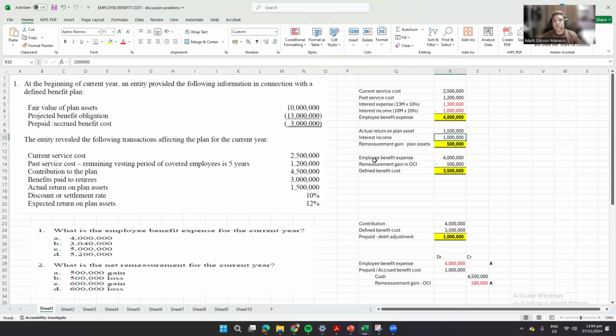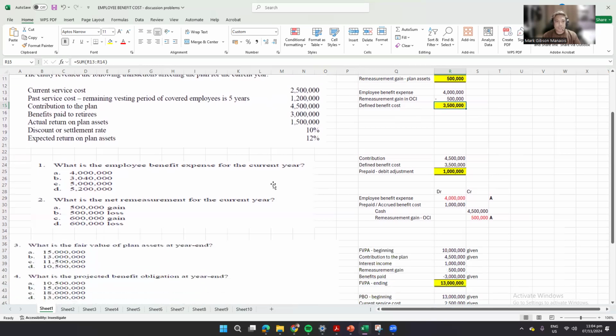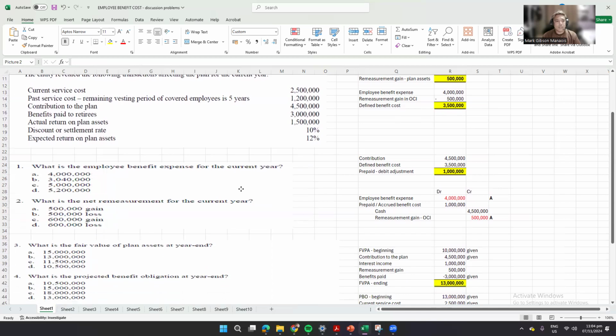So the total employee benefit expense is 4 million. We have calculated that earlier. Less any remeasurement gain in OCI. So yan din yung na-compute natin dito sa 500,000. So the defined benefit cost would be 3,500,000. Sige.